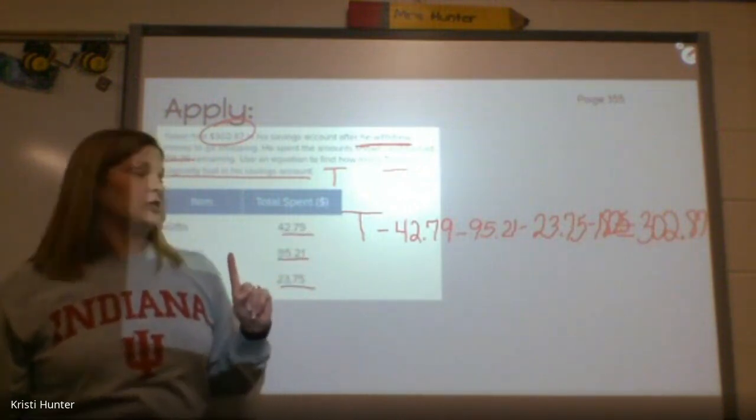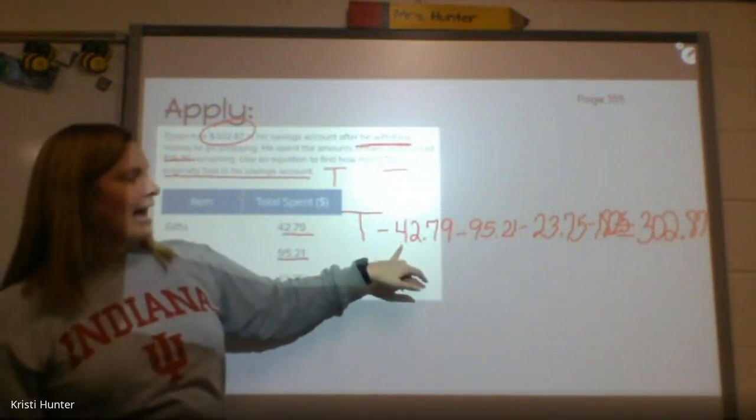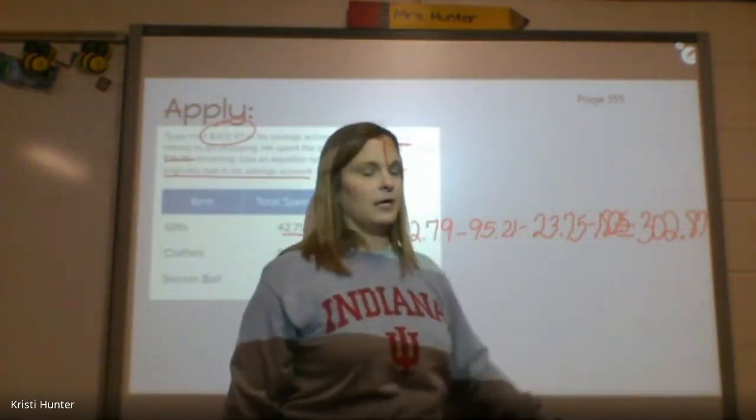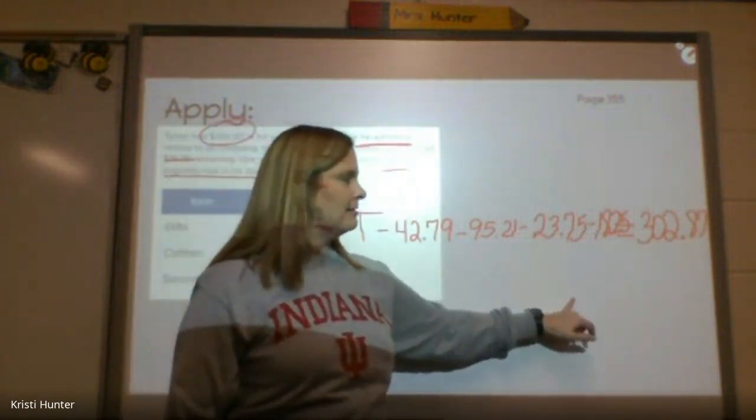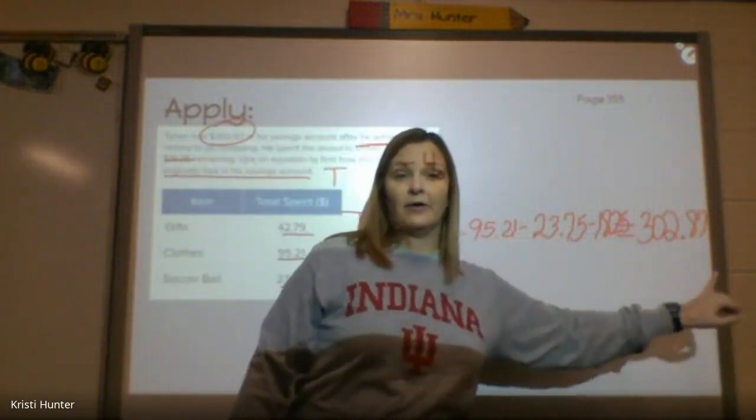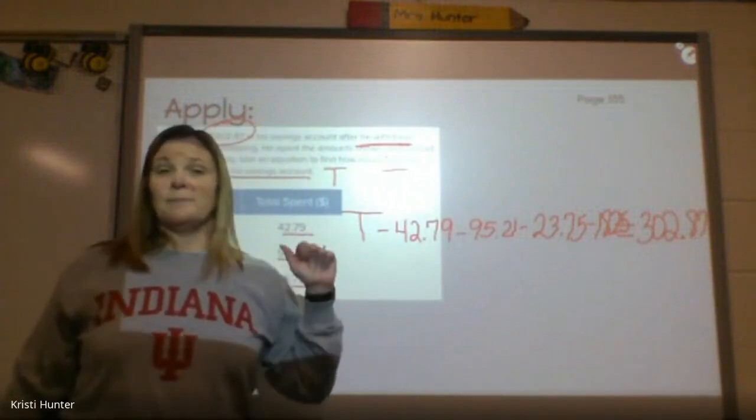So one way to do it would be to add that value here, add this value over here, add this value, and add this value. Did we think of another way?